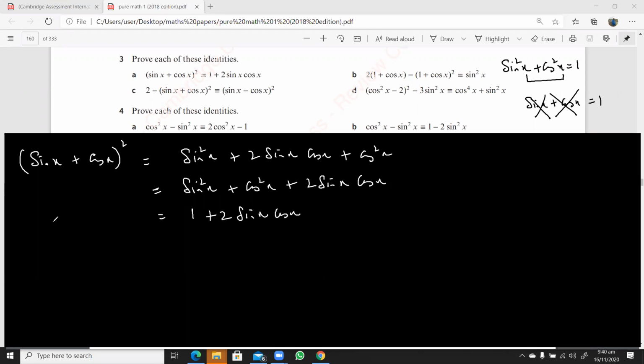So if you have sine x plus cos x whole square, you can write it as 1 plus 2 sine x cos x. And if there is a minus between them, there will be a minus over here. ठीक है बच्चों?